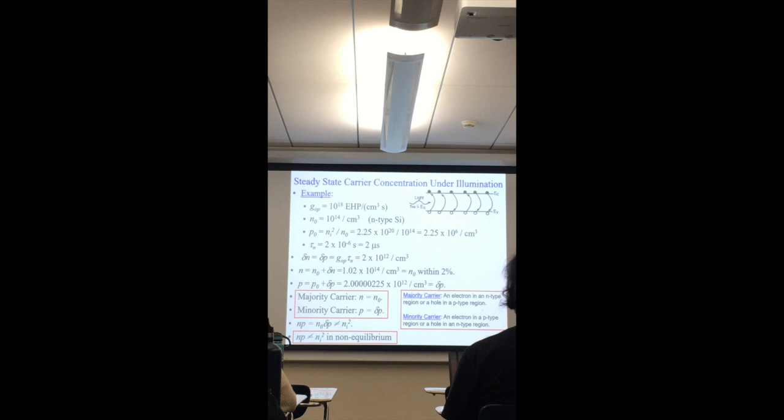Minority carriers means electrons in a P-type region or holes in an N-type region. Here this is an N-type semiconductor, so the majority carriers are electrons and the minority carriers are holes.